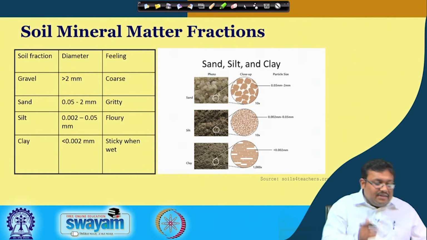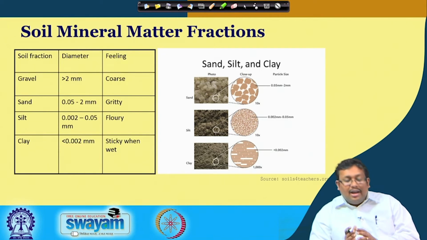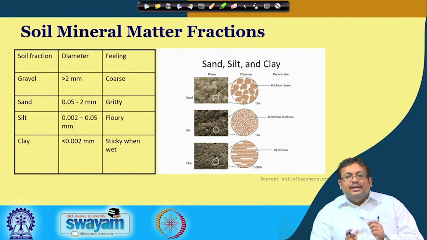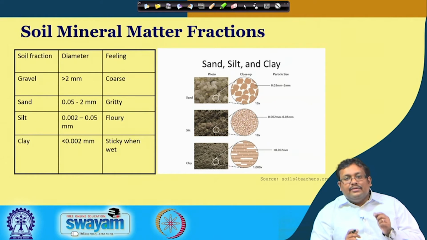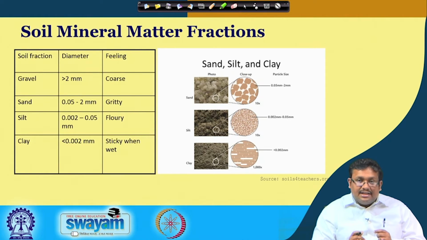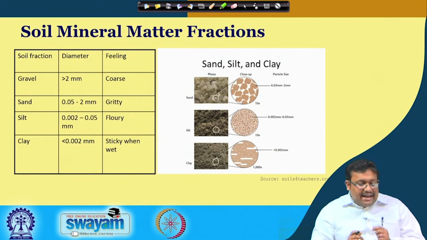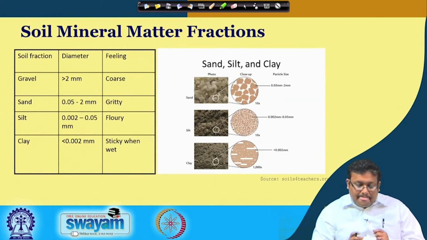For example, if you consider gravel, which is not technically soil, and feel it with your thumb and finger, you will feel it is coarse in nature, obviously. Sand, you will feel it is gritty in nature. Silt, you will feel it is floury in nature. However, clay is basically sticky when it is wet.